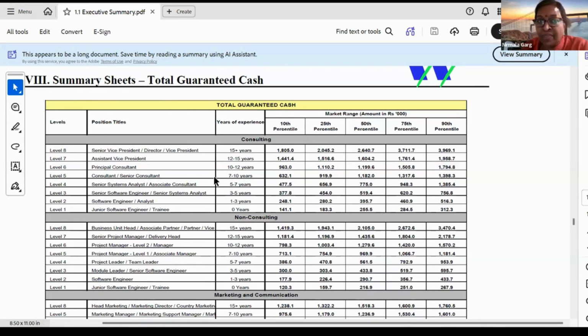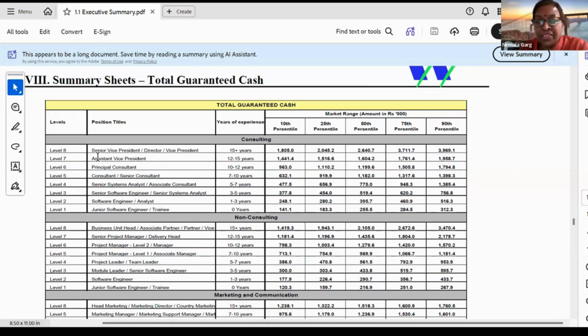Having said that, you have just done the exercise where you looked at data, you looked at P25. So now here, the data from 25 companies has been collated, analyzed, and put in format: 10th, 20th, 50th, 75th, 98th percentile. Now, I, as a company who has bought this data, say I want to look at a senior vice president director.